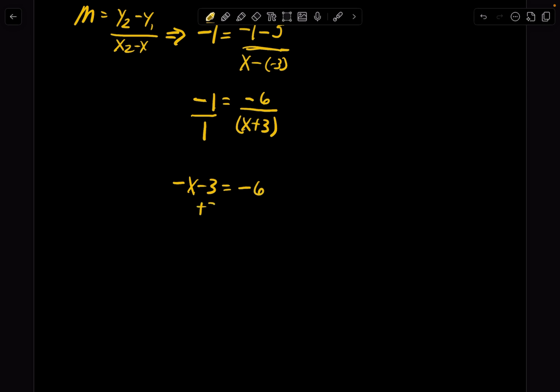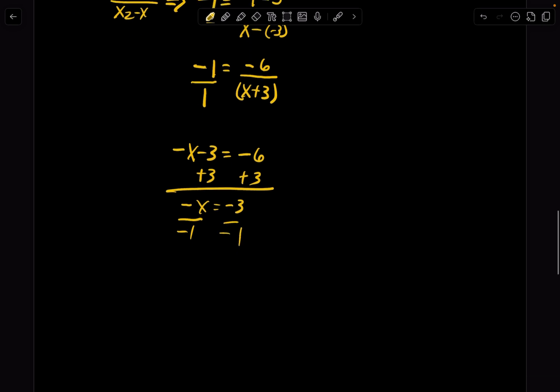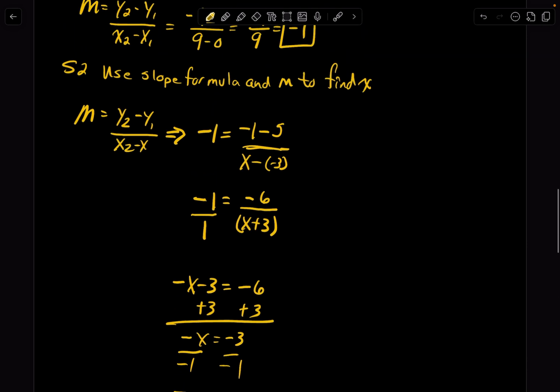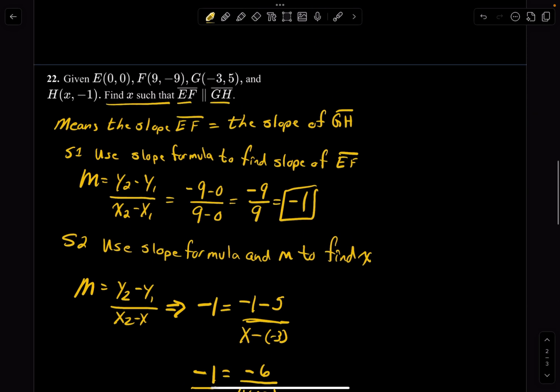We're going to add 3. Divide by negative 1, and we get X is 3. What does that mean? That means this is 3. So H is 3, negative 1.